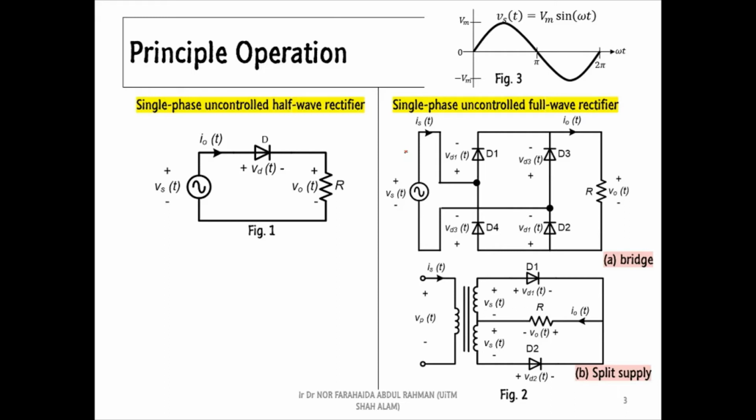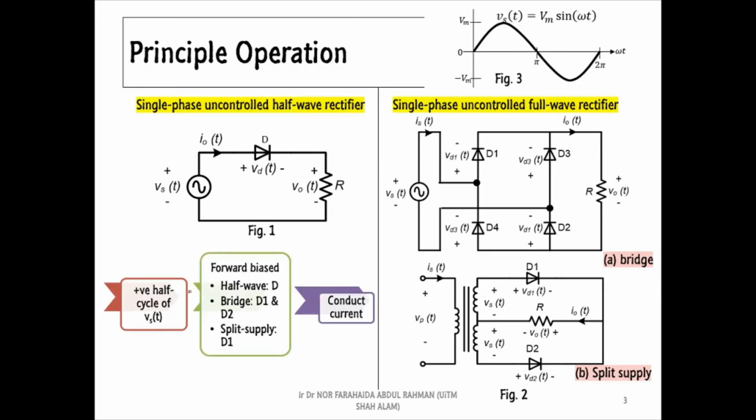As discussed in the previous videos, it is easy to explain the principal operation by referring to the supply voltage waveform. As you know, during the positive half cycle, diode D in the half-wave, diodes D1 and D2 in the bridge, and diode D1 in the split supply rectifiers are forward biased.